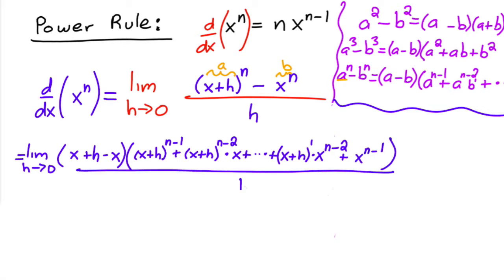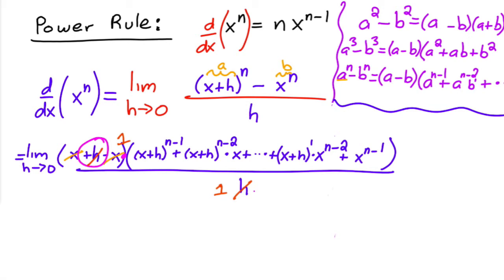And all of this is over h. Now something really interesting happens. These x's subtract, and so you just have h multiplying this entire parentheses. Well, h and h can be divided to leave you with 1 and 1.